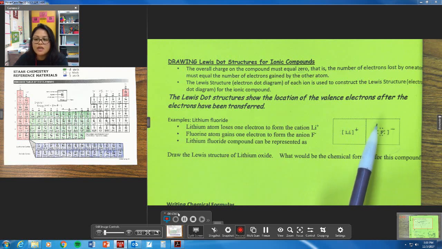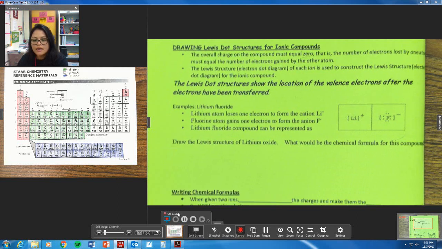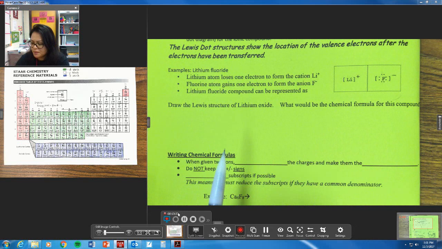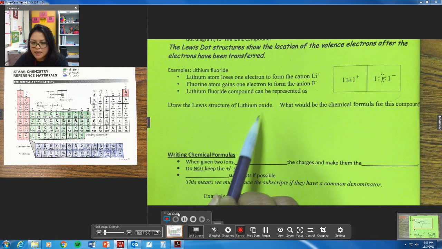Fluorine is going to gain that one electron, and because it gained that electron, it's going to be a negatively charged atom. This is how it's represented once they've given away and taken their electrons. Let's try this example with lithium oxide.